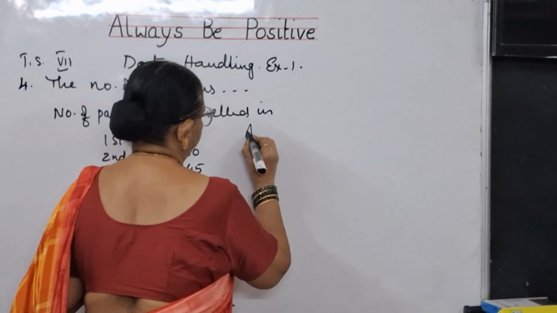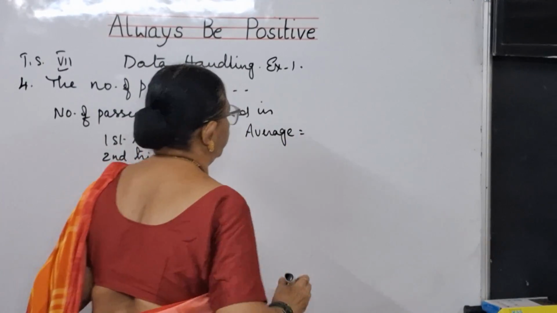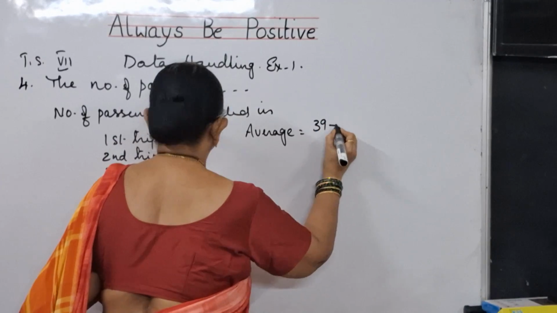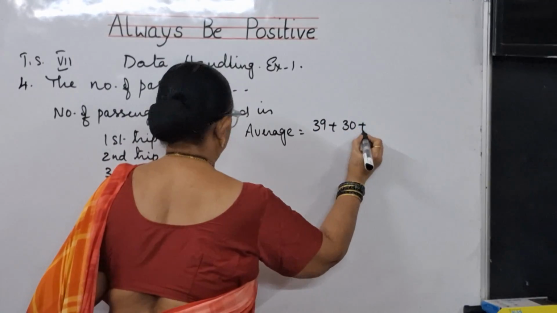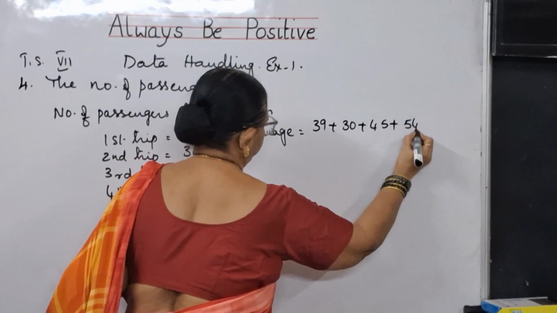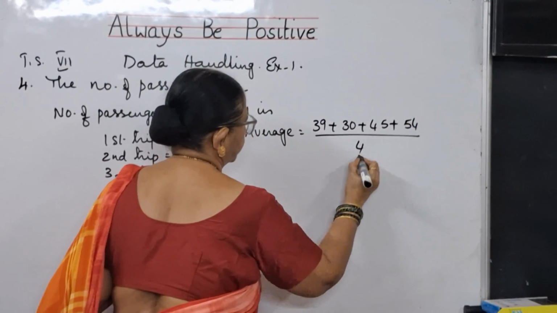What is the meaning of average, children? What did I say? Average means sum of the numbers by number of numbers. Sum of the numbers 39 plus 30 plus 45 plus 54 divided by how many? 1, 2, 3, 4.